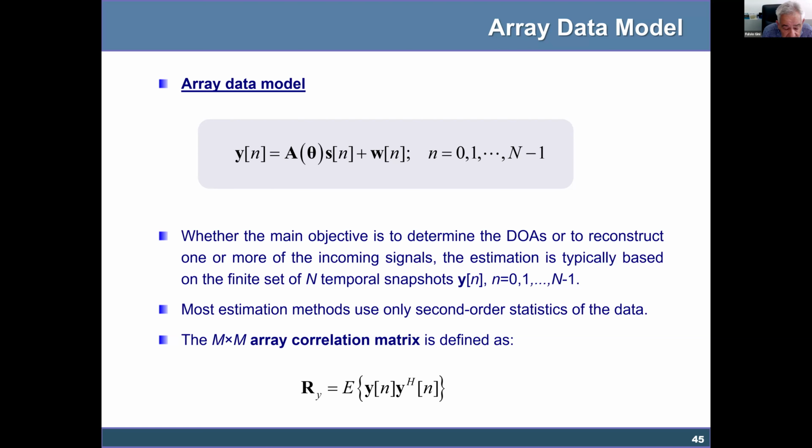Once we have separated them, obviously the processing that we do in the time domain is different according to whether the system is passive or active.